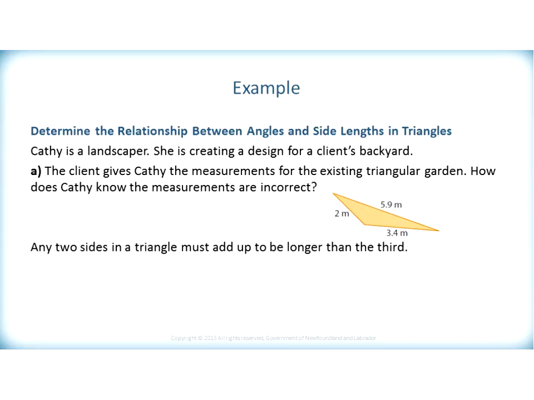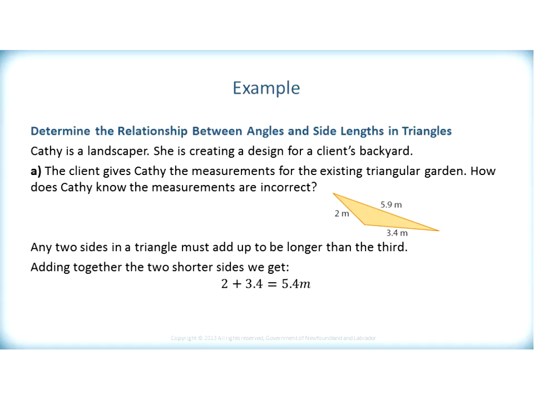So that's why we say here, any two sides in a triangle must add up to be longer than the third. Well, look at the two shorter sides in this triangle. If we add them together, they're 2 meters and 3.4 meters. So we have 2 plus 3.4, and that equals 5.4 meters.